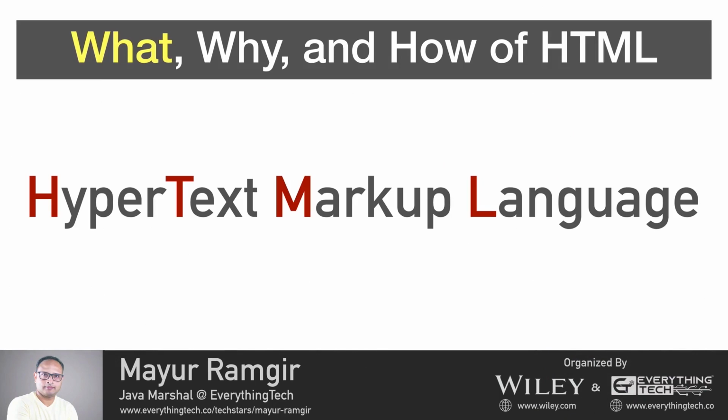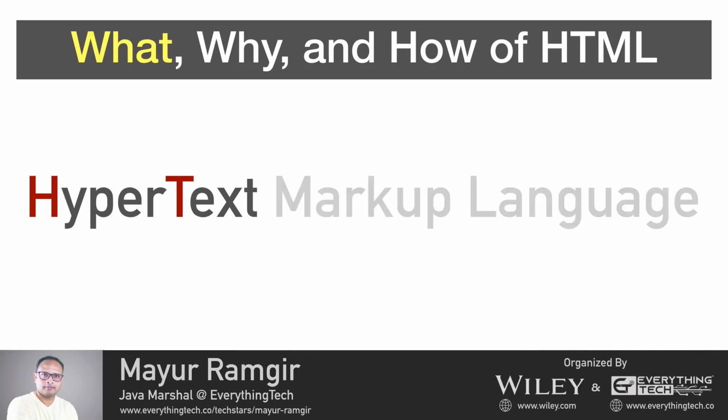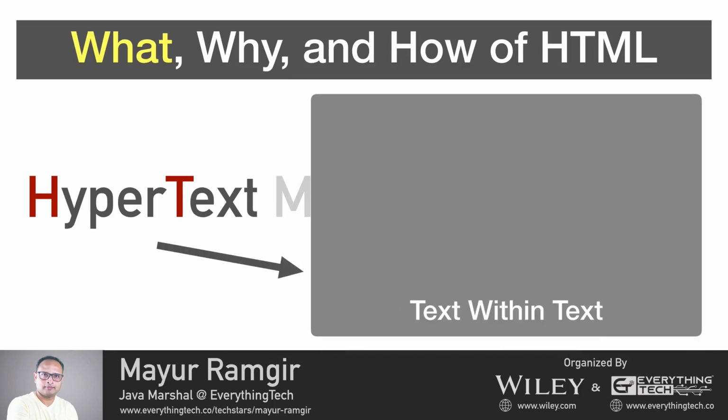What, why and how of HTML. Let's talk about what. What is HTML? In order to get an answer to this question, we need to divide this word into three parts. First part, hypertext. Hypertext means text within text.